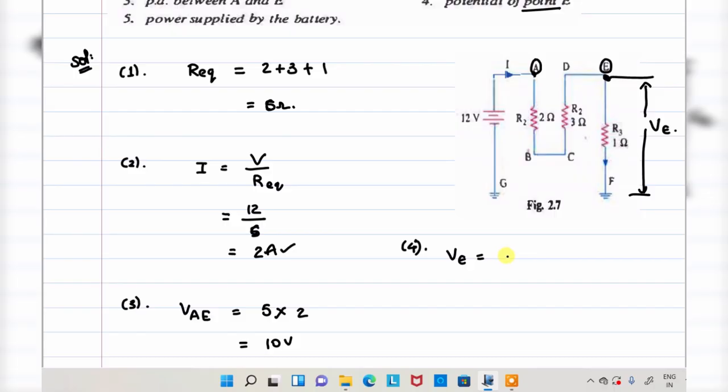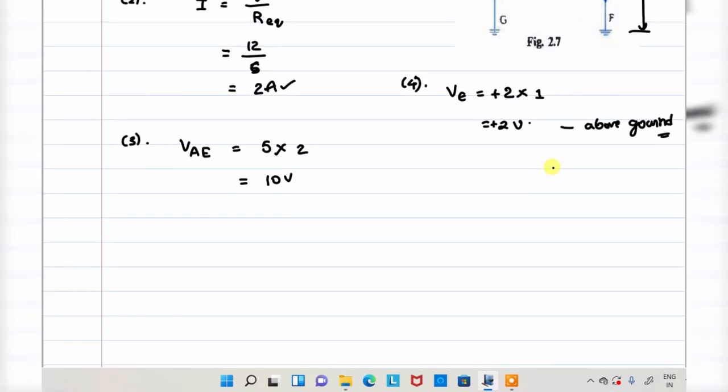V is equal to IR, right? I is 2 amperes, series circuit. What about resistance? 1 ohm, that is equal to 2 volt. With respect to ground, it is positive. We should mention positive voltage, so it is above the ground. In the first unit I explained about the zero reference point, right? According to that concept, it is positive.